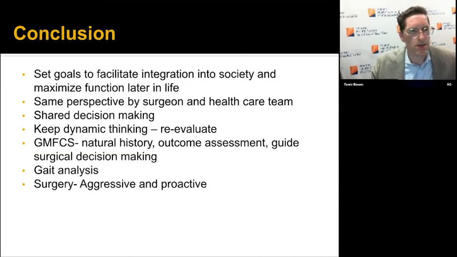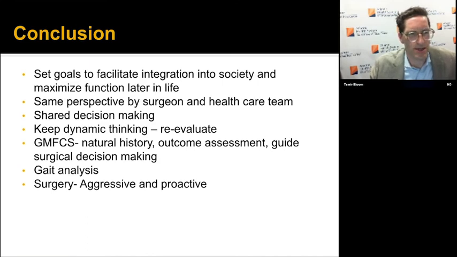So in conclusion, we want to set goals to facilitate integration into society and maximize function later on in life. We want to have the same perspective as the entire healthcare team in terms of what interventions would be most beneficial, orthopedic or otherwise. We want to have shared decision making with patients and their families.